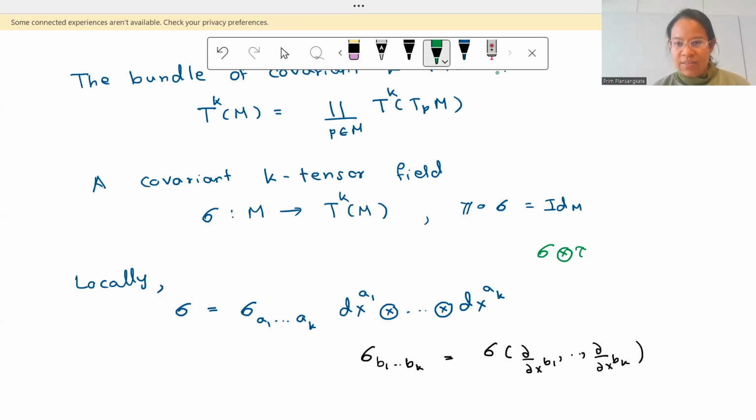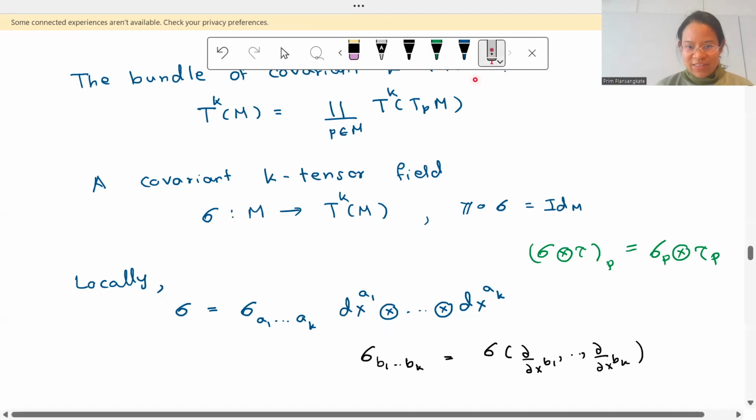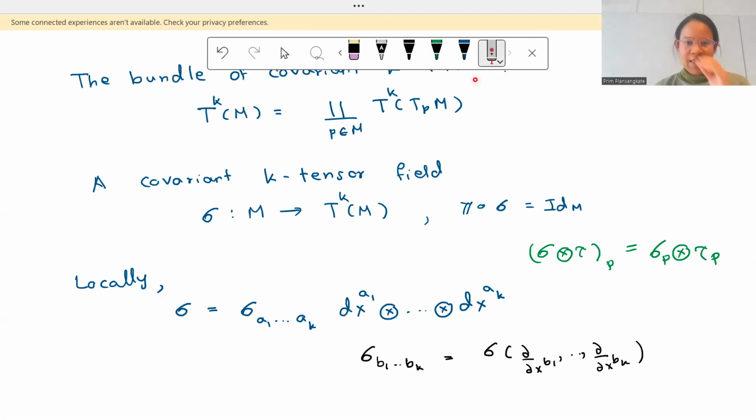You can define the tensor product pointwise. It will be another tensor field whose value at the point is the tensor product of the values of each tensor field, like this. And so this is the tensor product I use here, right? And any K tensor field can be written in this form, where this is the coordinate covector field.